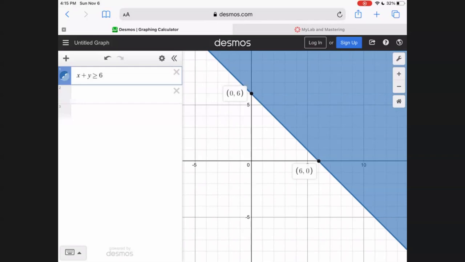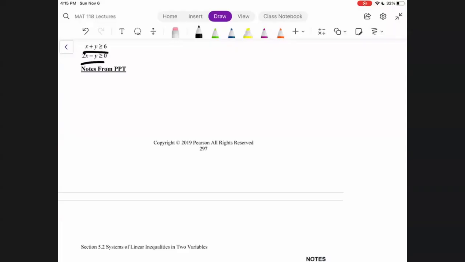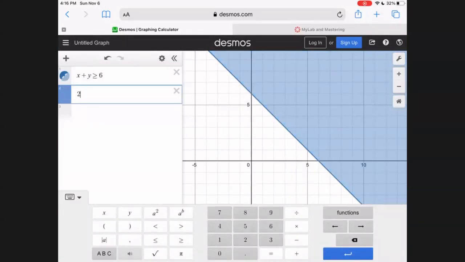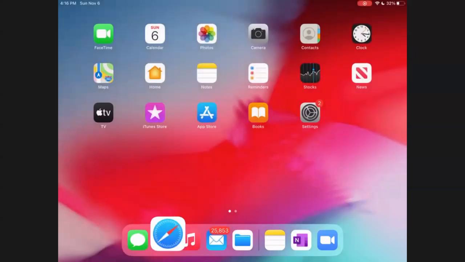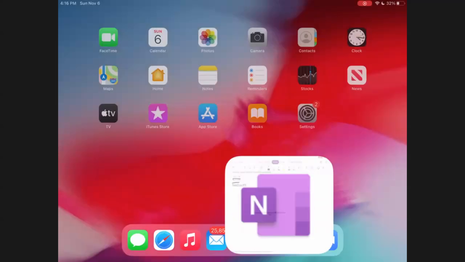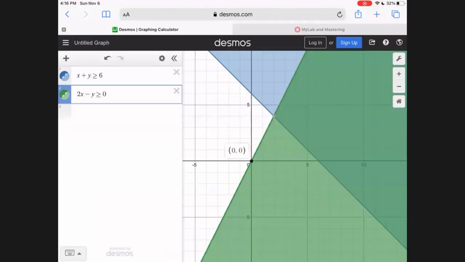And then the next line is 2x minus y is greater than 0. Let's type that one in. All right, and you see now the green one has the shaded part and it's to the right, or you could say the lower part of that line.